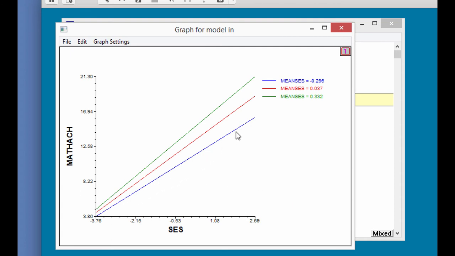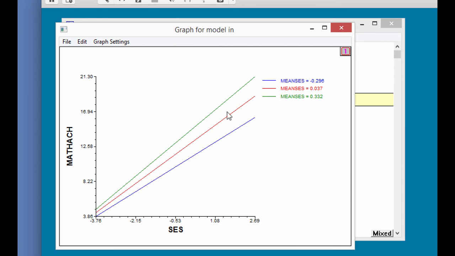The slopes look relatively similar. So when we look at average SES, the relationship between SES and math achievement is accelerating at about the same rate. And as we saw in earlier videos, schools that have high mean SES, regardless of public or private or Catholic schools, have higher math achievement.